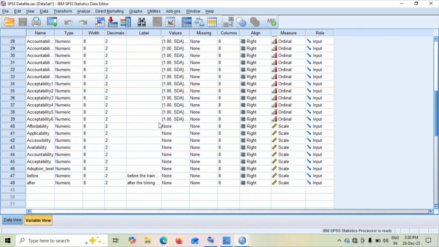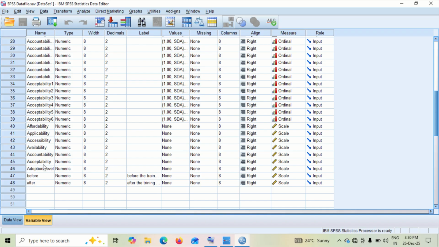affordability, applicability, accessibility, availability, accountability, acceptability are the different components of overall adoption level. The mean scores of these components are derived from the values of different statements. Therefore, from affordability to acceptability, we can consider these components as continuous scale variables.